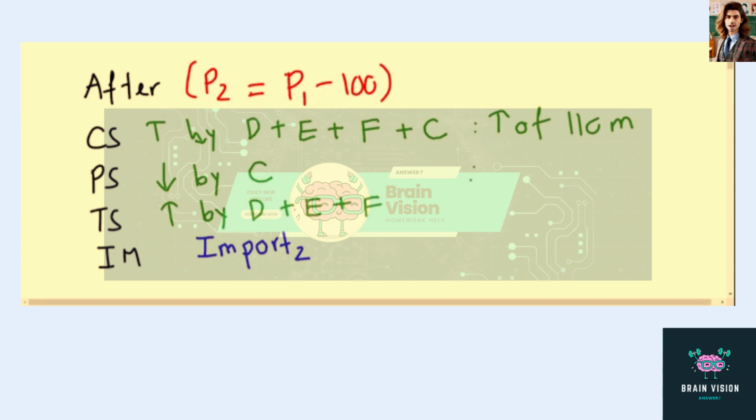For producer surplus, it decreases by 30 million. Total surplus rises by 80 million.